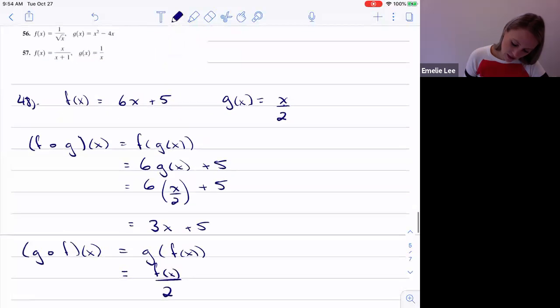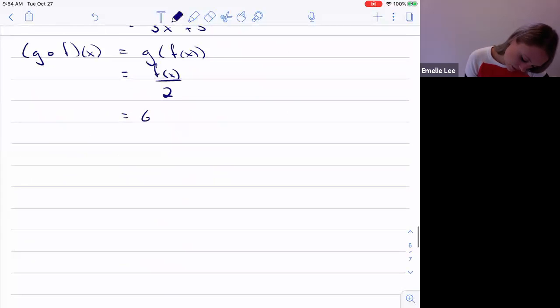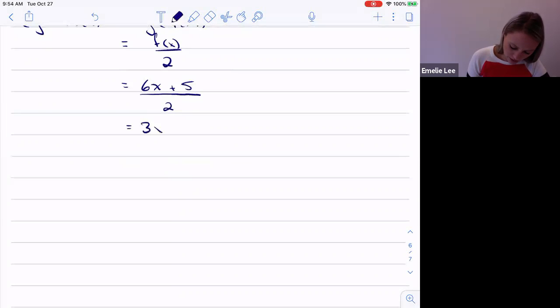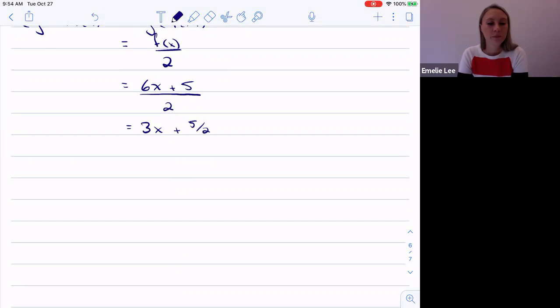F of x is 6x plus 5 divided by 2. So I get 3x plus 5 over 2. Remember, this 2 divides the 6x and the 5, right? So that's why 6 divided by 2 is 3x, and then 5 over 2 has to stay 5 over 2.